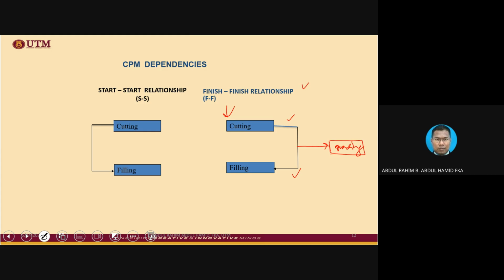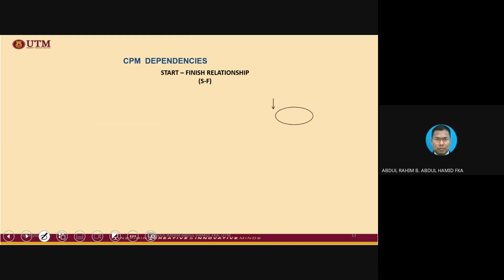In this particular example, cutting can start much earlier, whereas filling will follow suit, but at the end of the day, both activities should be completed at the same time so that grading can be started. That is the concept. Whatever it is, start to start or finish to finish relationship will influence the calculation in our network diagram.